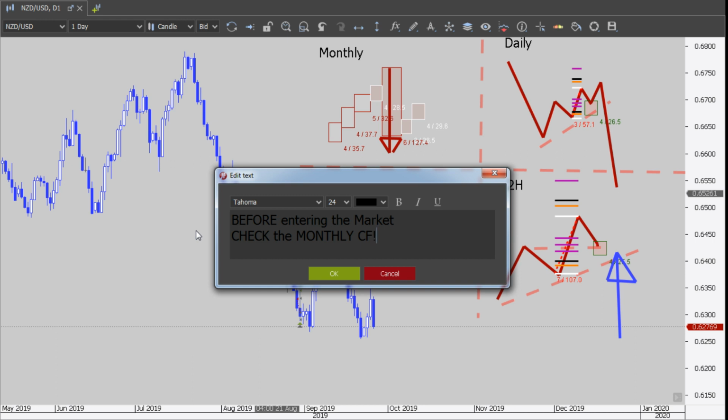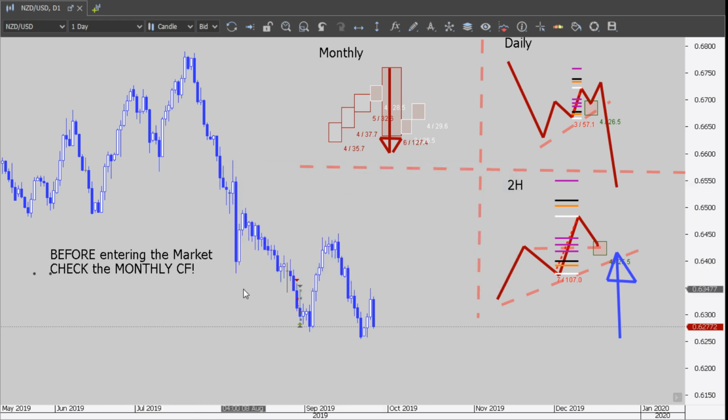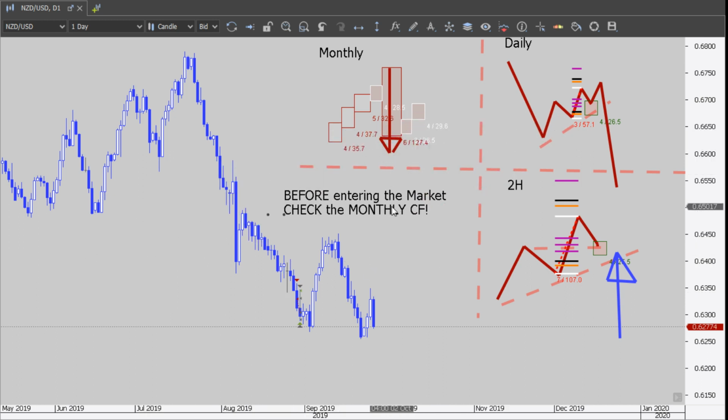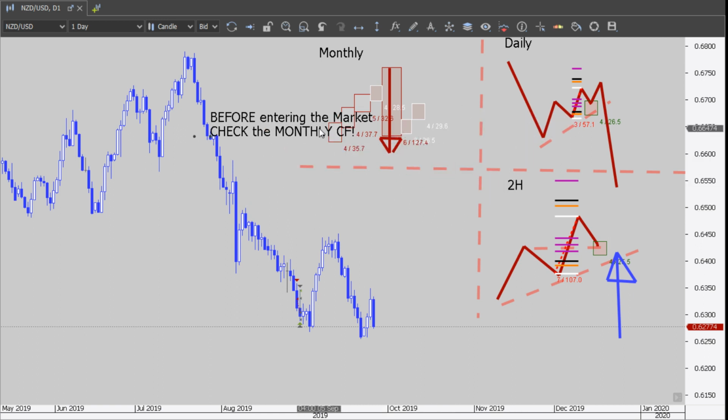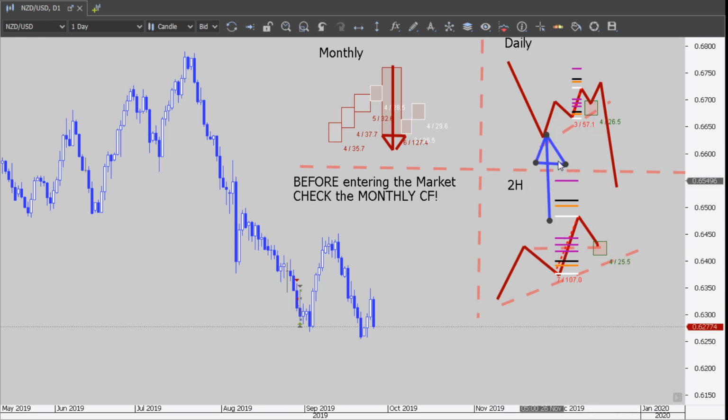CF stands for candlestick formation. Okay, before entering the market, check the monthly candlestick formation. If you want to go long and the monthly candlestick formation is a bearish engulfing candle, don't go long. You are going to lose. It's just a matter of time.